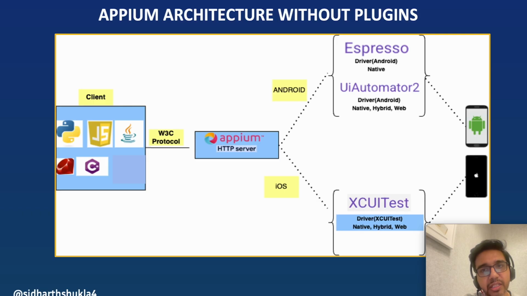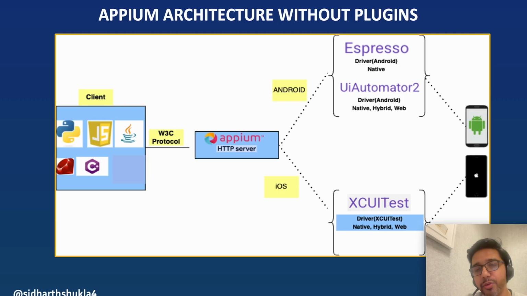UI Automator is kind of native, hybrid, web, it will support, right? So Android, if it is an Android specific, then it will redirect to Android driver. If it is iOS specific, it will redirect to iOS driver, right? So now once it is redirected, then it will be delivered to your respective mobile device, right? For example, we may use emulator, simulator, real device, whichever device we use, according to the driver, once it processes, it will reach to the particular device.